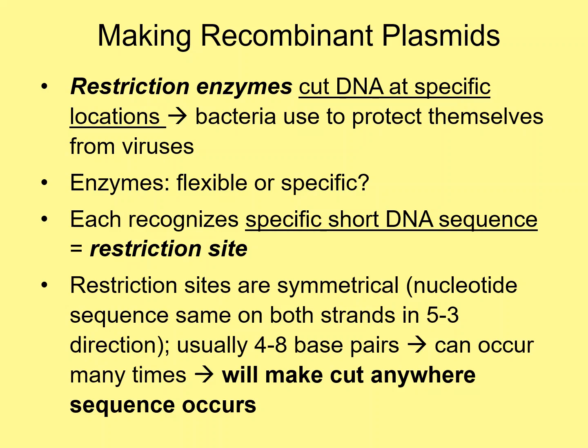And so when we cut with the restriction enzyme, we may get fragments of the gene that we're interested in, but we may also get other fragments. Again, it'll cut anywhere where it sees that particular sequence. And that's going to benefit us because we're also going to cut the plasmid with that enzyme, and that allows us to essentially splice the two things together to make a recombinant DNA plasmid.